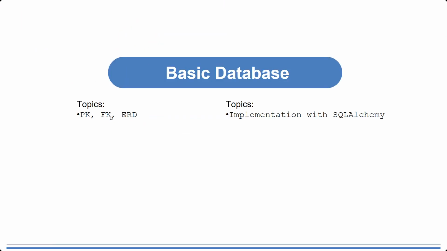In the basic database, I'm going to show you some of the relevant topics, not all, but at least PK. What is PK? Primary key. FK? Foreign key. And what is ERD? Entity relationship diagram. For the database connection, we are going to use SQLAlchemy.